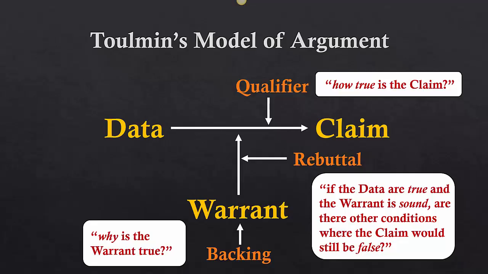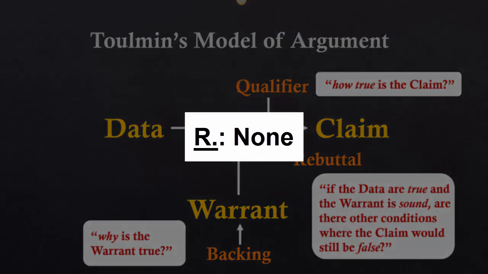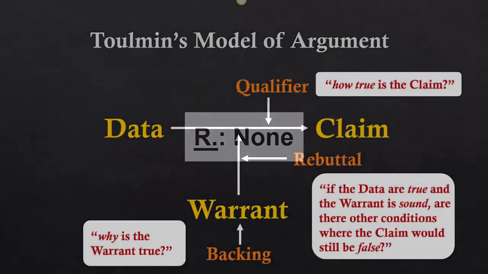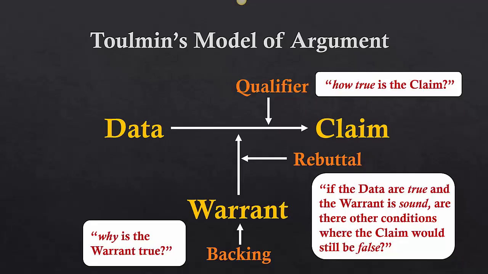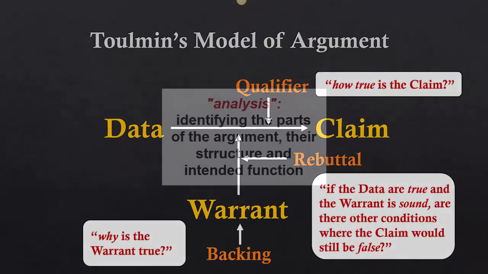But again, just like the qualifier, it's often the case that arguers are just not going to include a rebuttal or a reservation. They may argue that their claim is true 100%. And so if that's true and you're diagramming this argument, it's totally acceptable to just write none in the rebuttal spot.